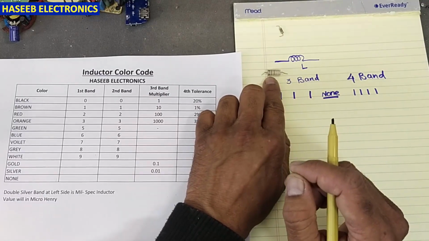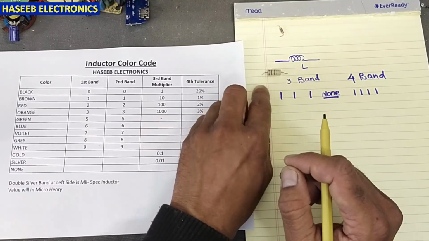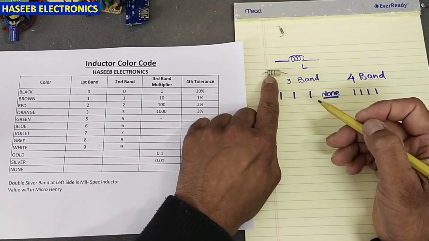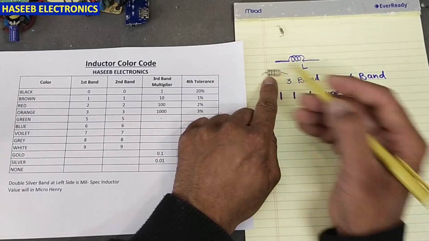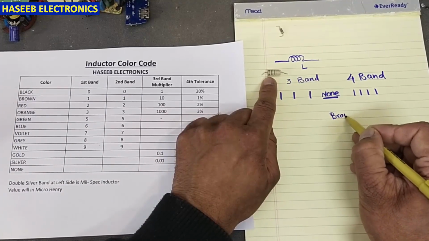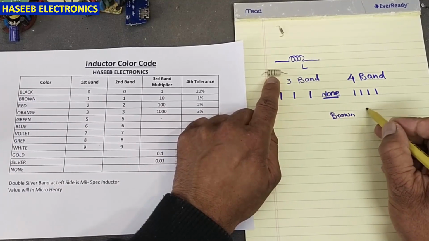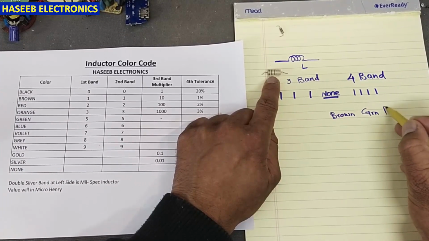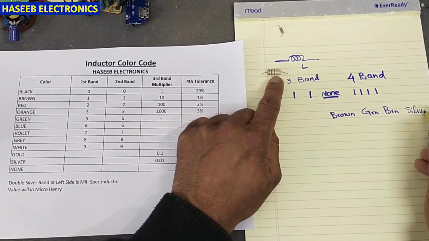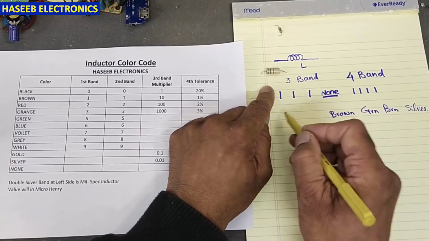This one is 4 band with an identifier, that is the silver band. First band, that is brown, brown, green, brown, silver, and here double silver.